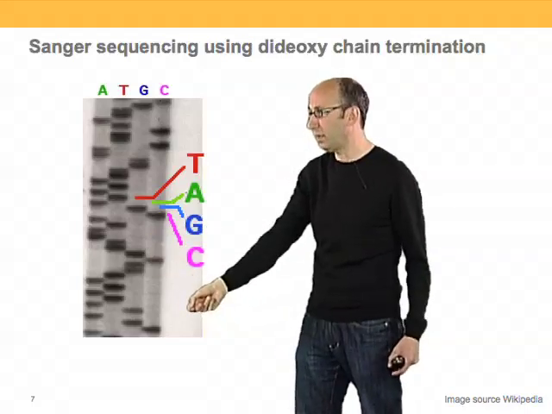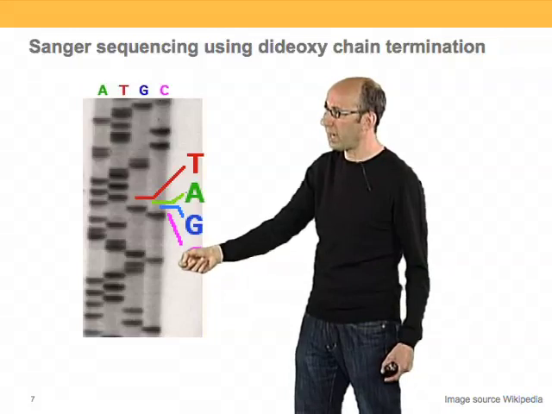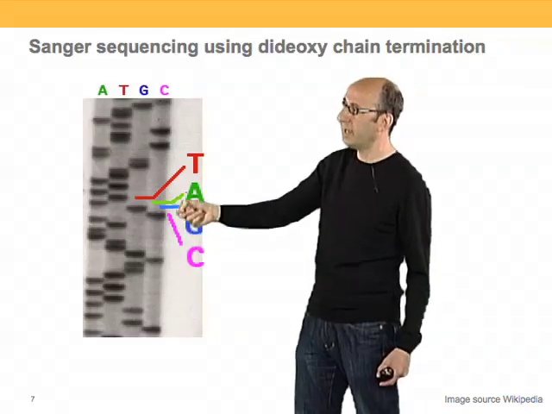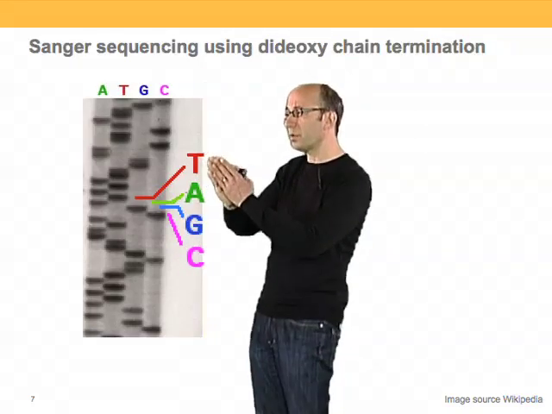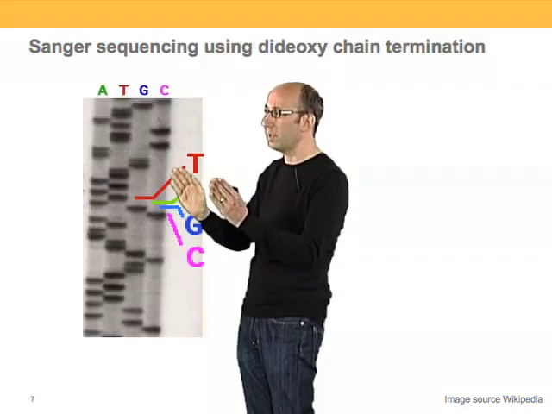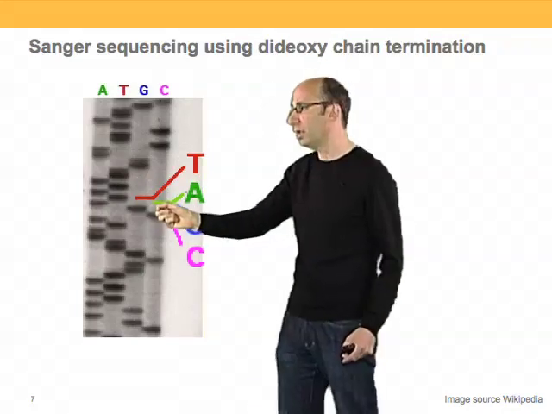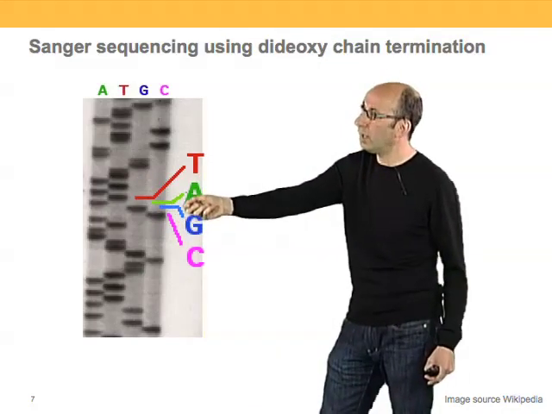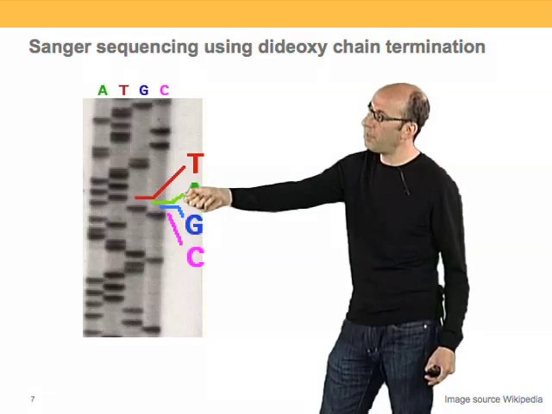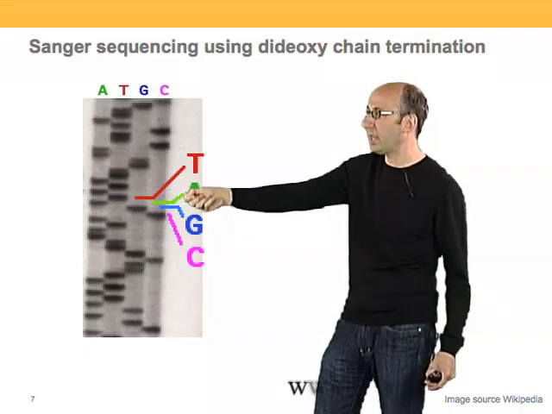So for example, you'd have a small fragment that terminated in C, a larger fragment that terminated also in C, etc. And the beauty of this is by putting these 4 reactions next to each other, you could then read out the nucleotide sequence. So for example, there would be a DNA polymer that ended at C, indicating a C at that position in the template.